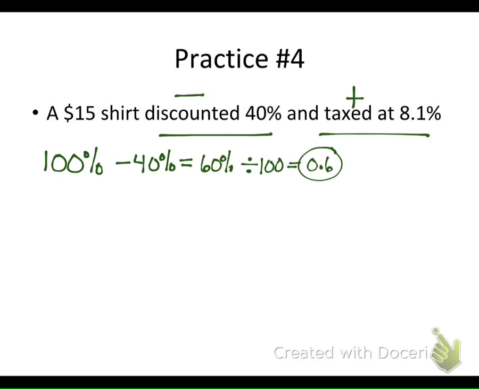Now I'm going to repeat steps 1 through 3 to get my second multiplier for what is being taxed at. So I start at step 1 again. What's step 1? 100%. Step 2. Are we going to increase or decrease if it's taxed at? Increase. So I'm going to add. What am I adding? 8.1%. Okay. So what's 100 plus 8.1?